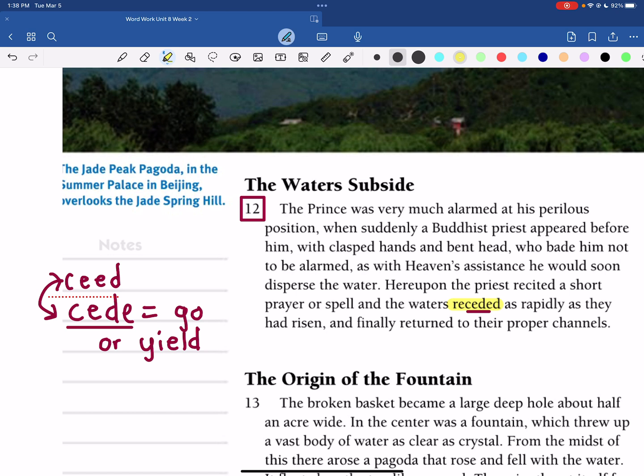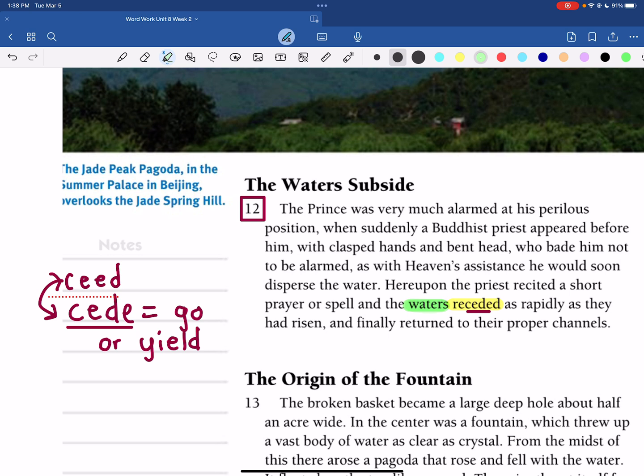So let's read the entire sentence in order to look for clues that might help us understand what the word receded means. "Hereupon the priest recited a short prayer or spell, and the waters"; this gives me context. We're talking about the water again, which is the goal of this entire story. The Prince of Yen accidentally lost the water in his lands.